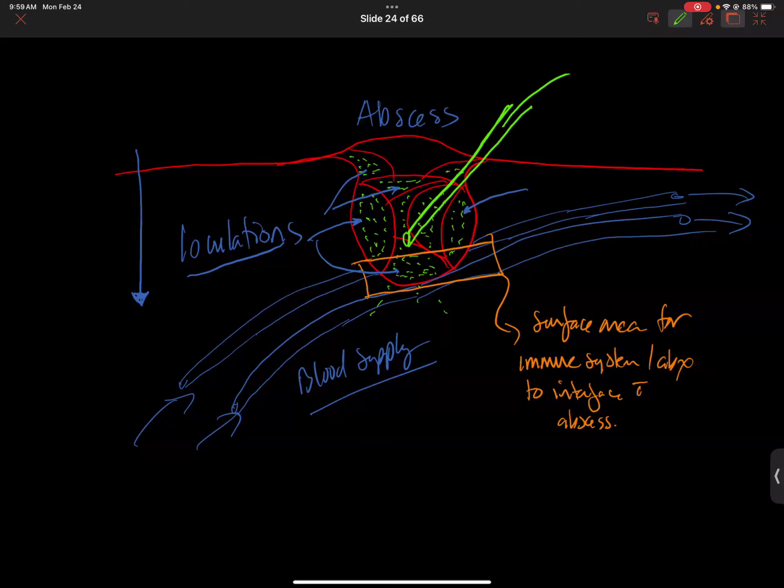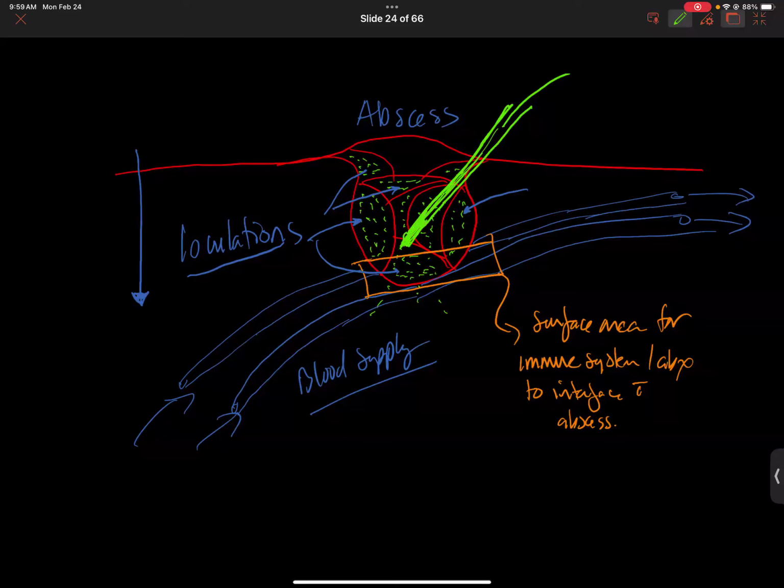Well, how good is that actually going to be at resolving the abscess? It fails miserably, actually. And the incidence of recurrence is pretty high when we do a needle aspiration as compared to cutting it open and draining it. So needle aspiration is no good.